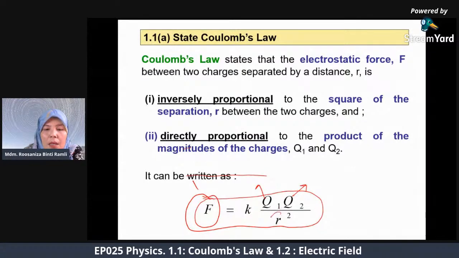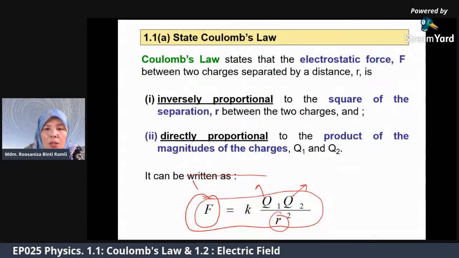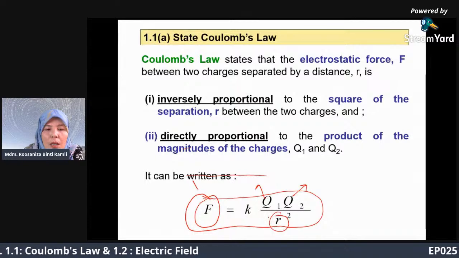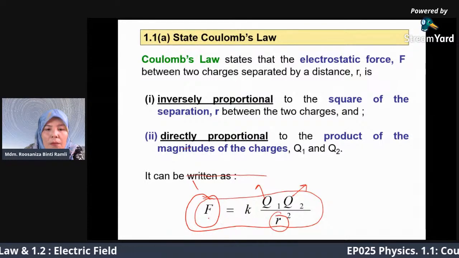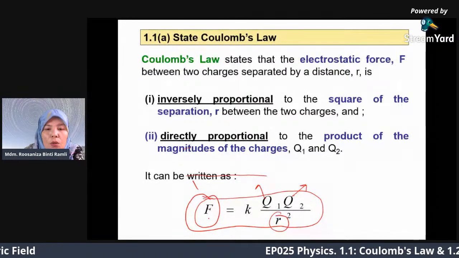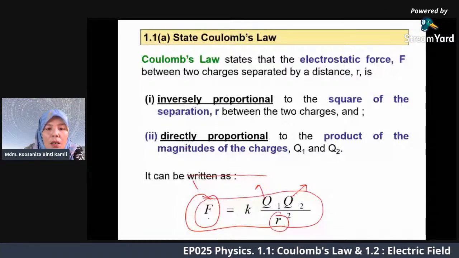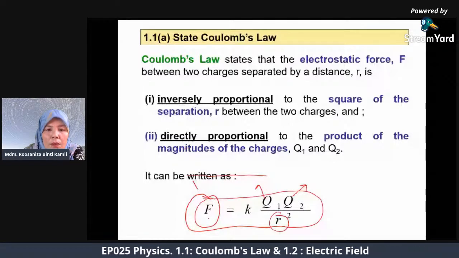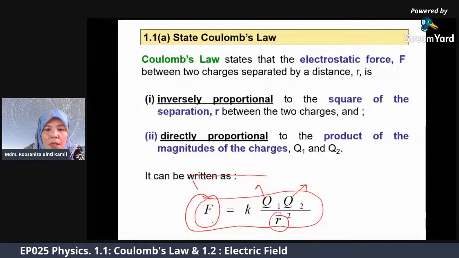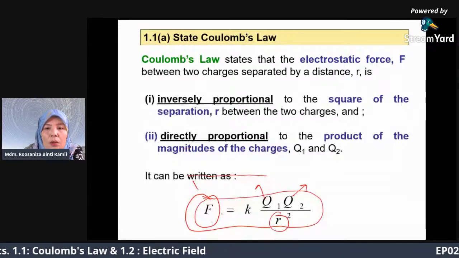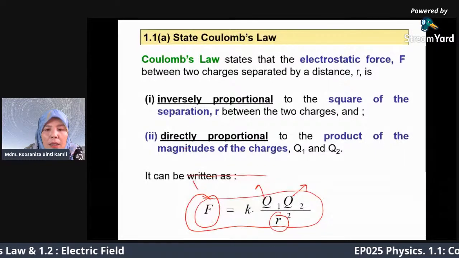R is the separation between the two charges. So the electrostatic force between two charges is directly proportional to the product of Q1 and Q2.